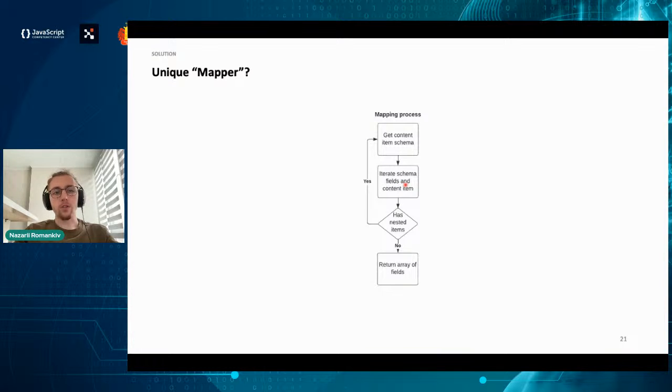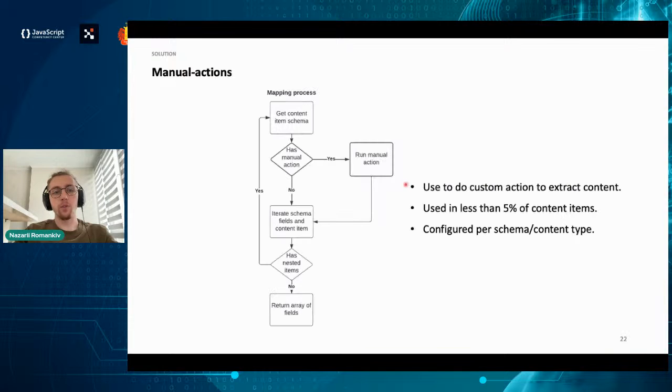We built this mapper, and then we realized that there are less than 5% of cases when the abstract algorithm doesn't fit the need. Sometimes, in really rare cases, we needed to apply an extra action on the export, right?